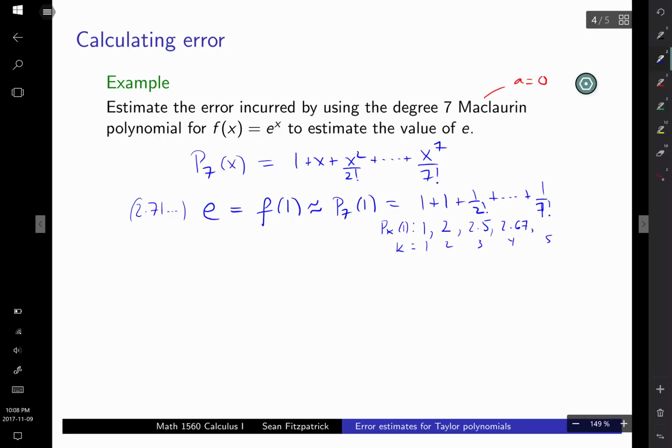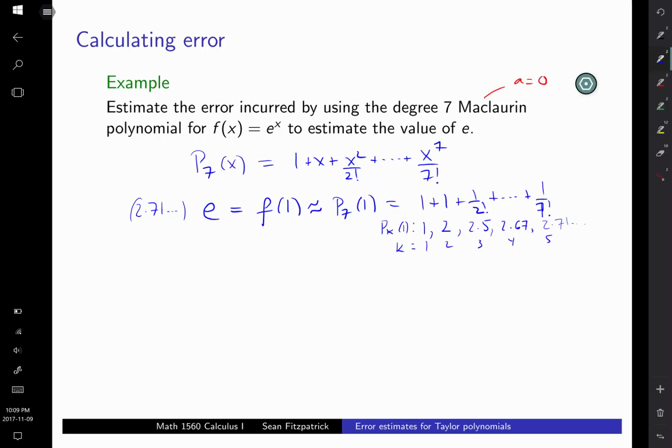We go up to 5. 1 over 24 is like 0.04. And so by degree 5, you're already at like 2.71 something. You've already got the first 2 decimal places by the time you hit degree 5. So when you get to degree 6, degree 7, you're working on the 3rd, 4th decimal places.